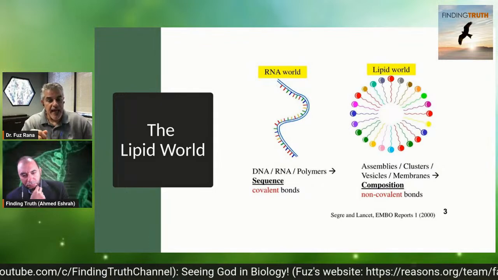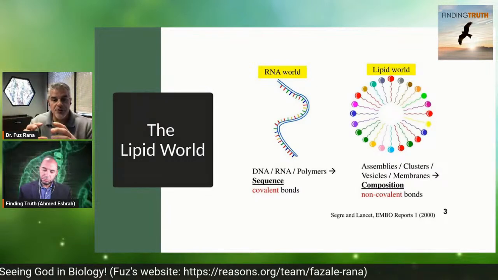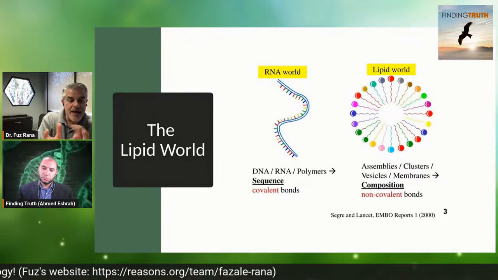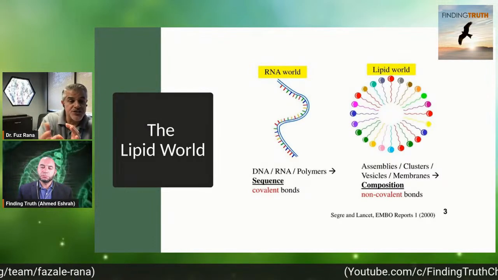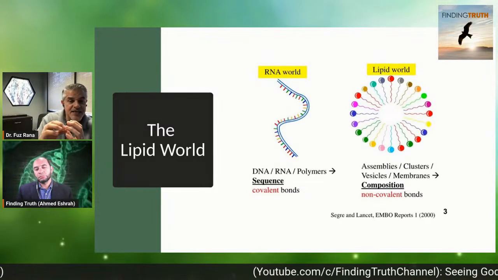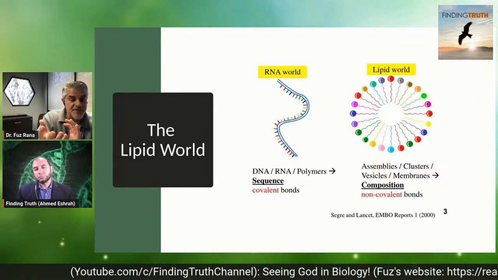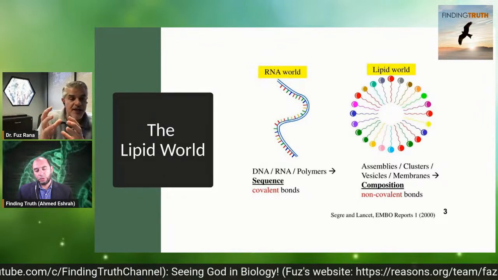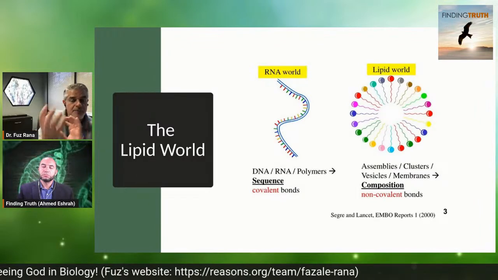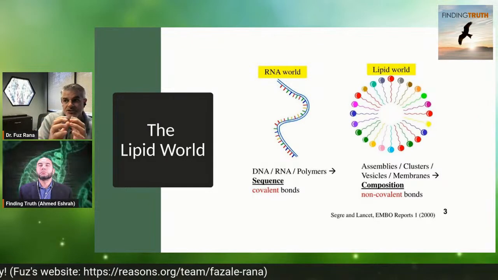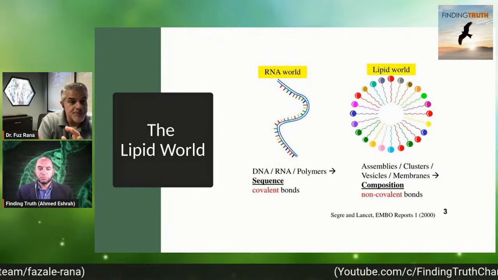And so he would argue that in a lipid world, you would have these liposomes that may be made up of different types of lipid species, and that there's actually information in the composition of the liposome. So in other words, each compositional permutation represents information.